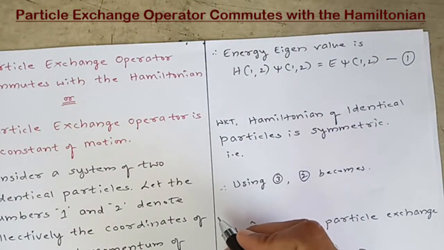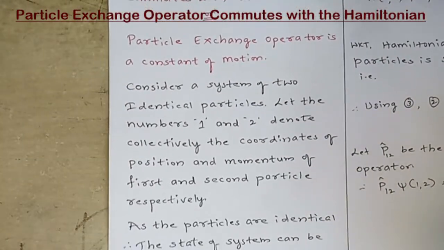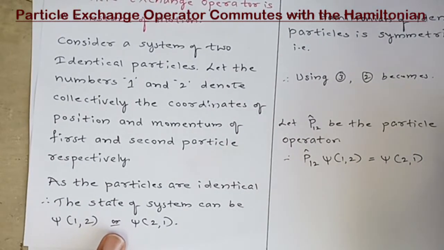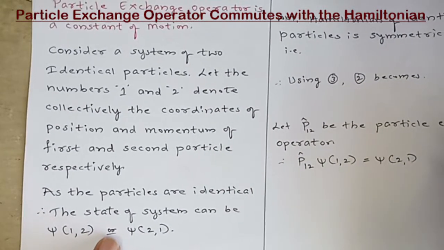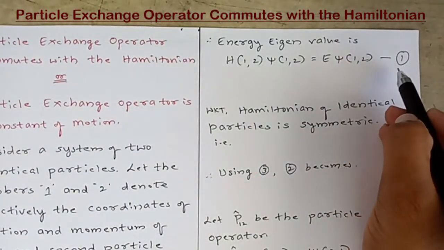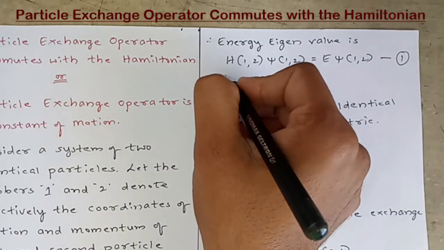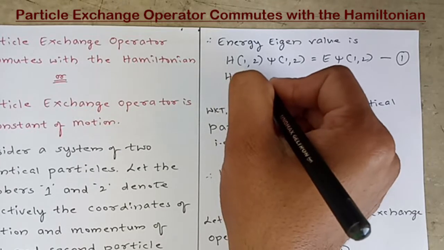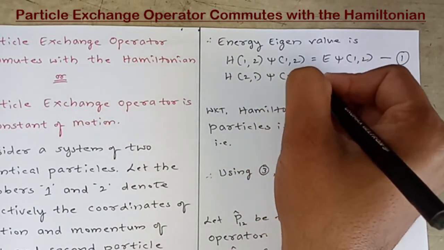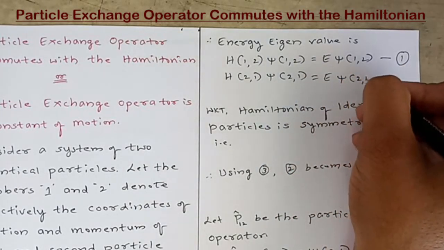Now, we have seen that as the particles are identical, the state of the system can be psi(1,2) or psi(2,1). So that's why the energy eigenvalue equation can also be written as H(2,1) psi(2,1) = E psi(2,1).